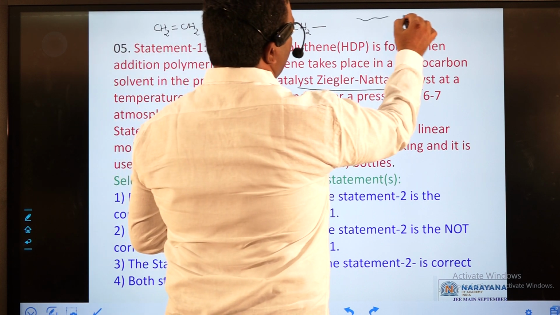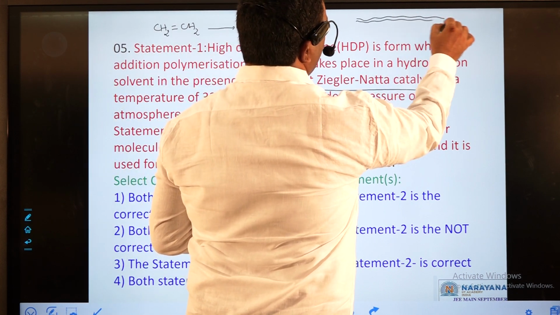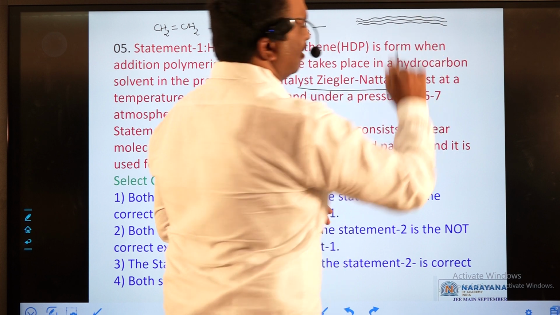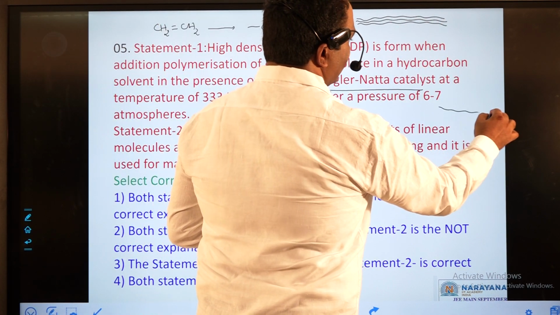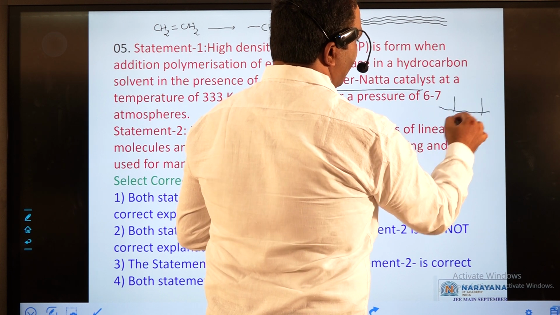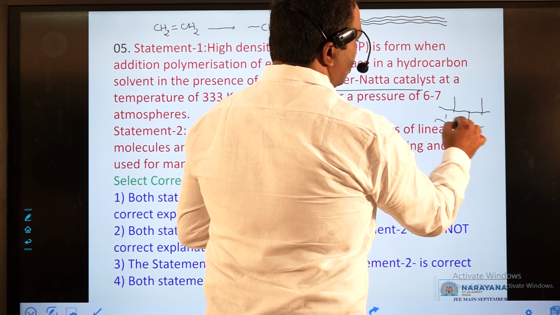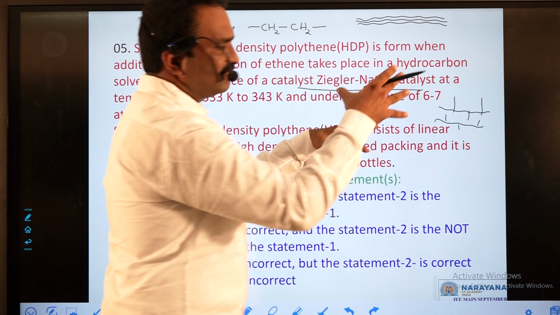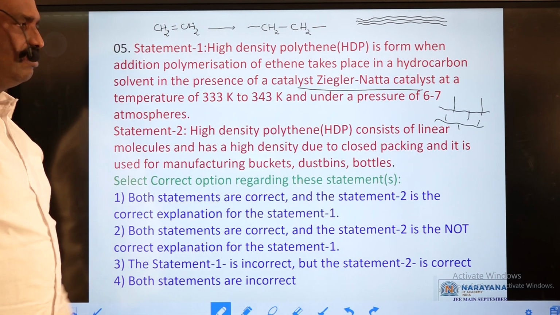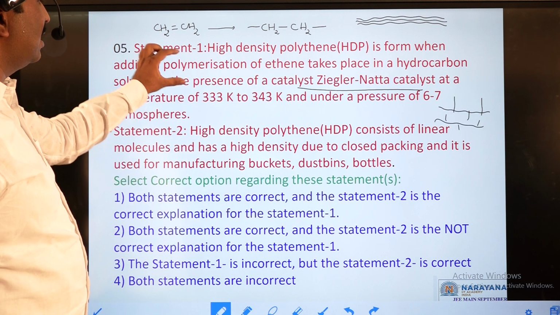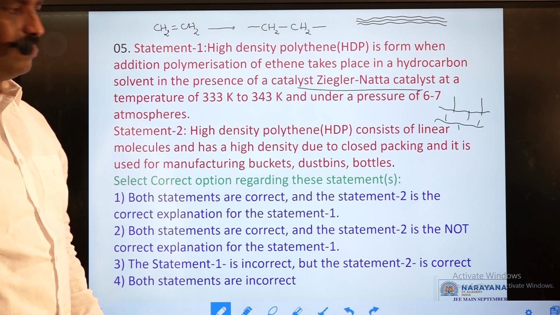If the chain is like this, a linear chain, then they come very close. If there are any branches, like this, then another molecule cannot come very close. That leads to low density polythene. But in presence of Ziegler-Natta catalyst we get HDP.